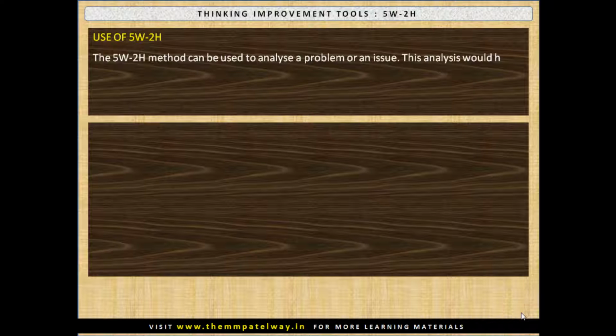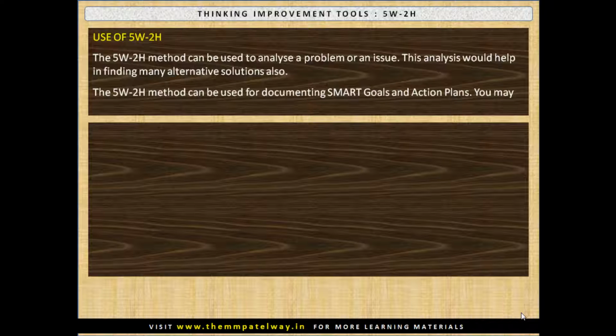The 5W2H method can be used to analyze a problem or an issue. This analysis would help us in finding many alternative solutions also. The 5W2H method can also be used for documenting SMART goals and action plans. You may convert it to a tabular form. The tabular form is shown below.